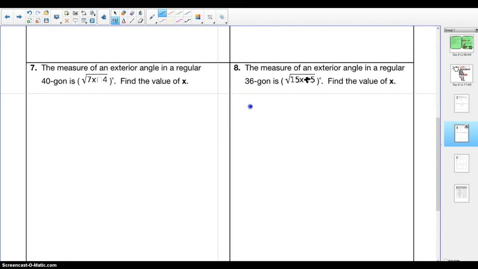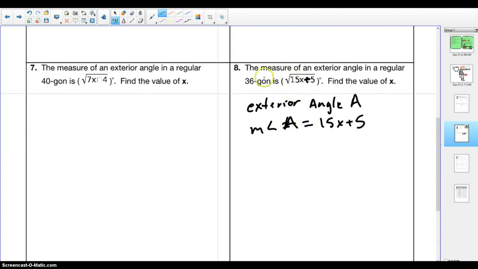So exterior angle A. And we're told that that measure is the square root of 15x plus 5. Now, we need to set up our transitive property again.